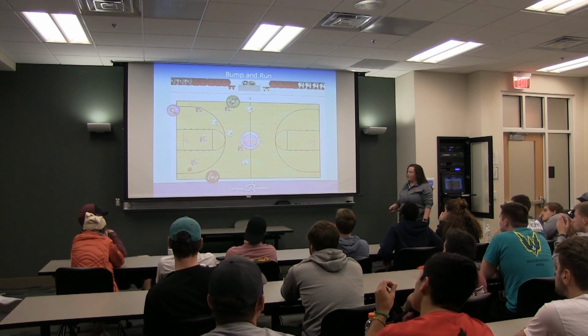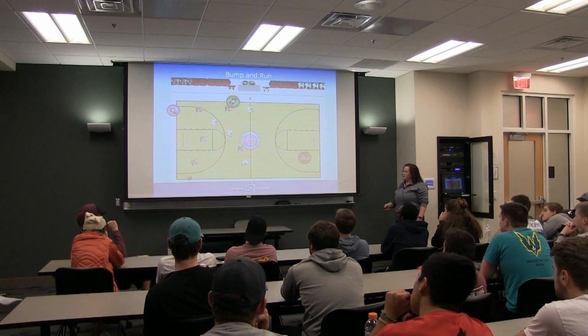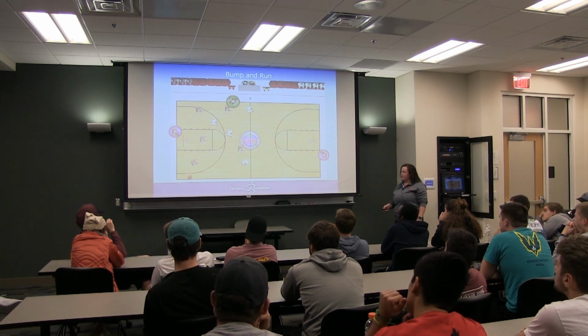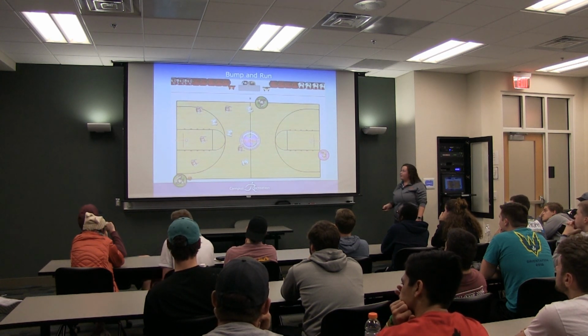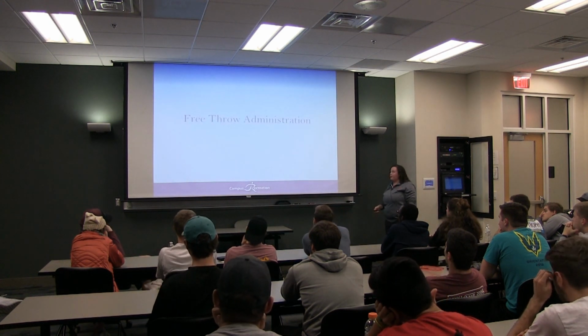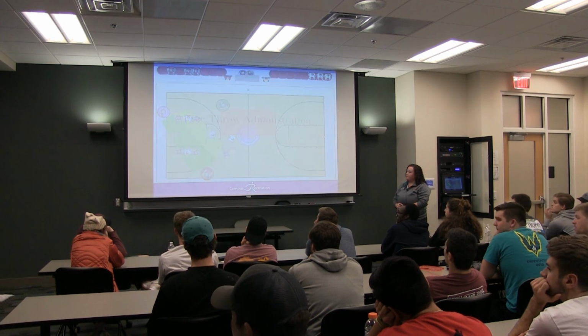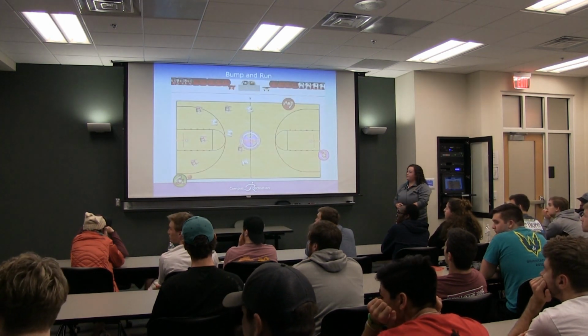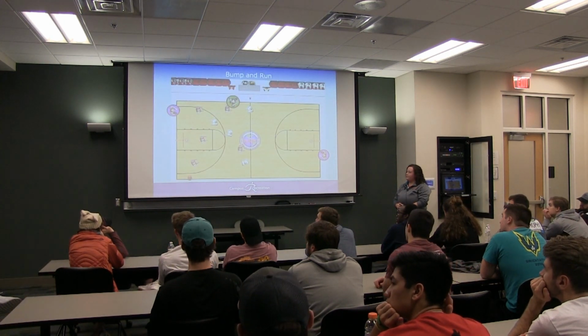This is just the bump and run opposite. So C is going to become lead. Lead's going to become the new trail, and trail becomes C. All right, free throw administration. Go back real quick. On these, look it back.